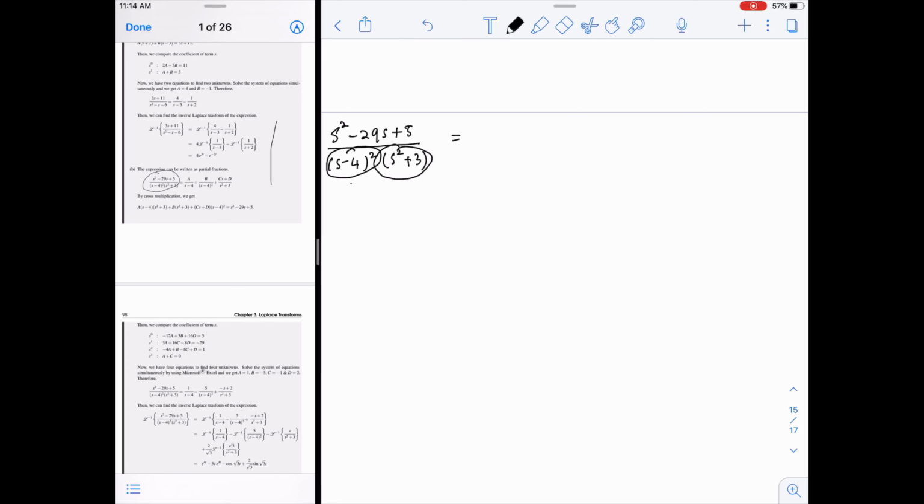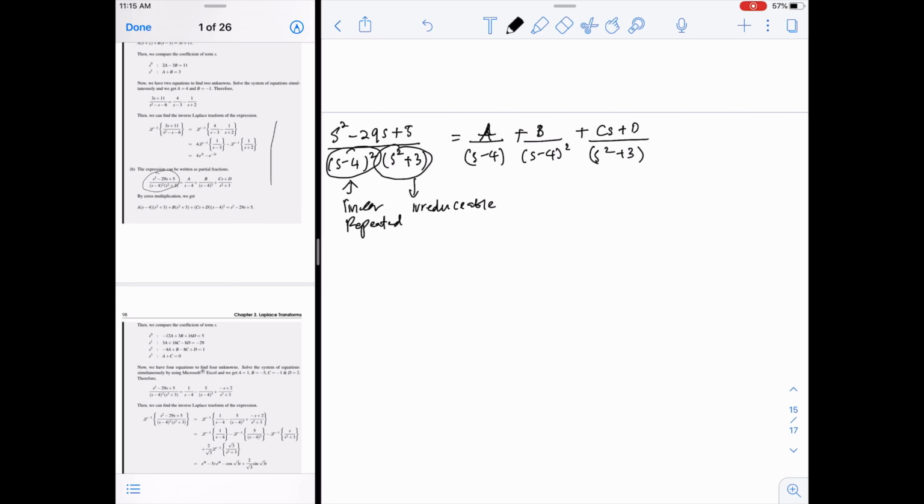Since we have a repeated linear factor, and then this one is the irreducible factor, we will have the first one as A over s minus 4, and then let's say I use A, B, C, and then the B is over (s minus 4) squared, and then the last one, since it's an irreducible factor, I will have Cs plus D over s squared plus 3.